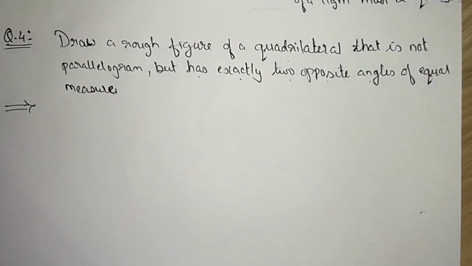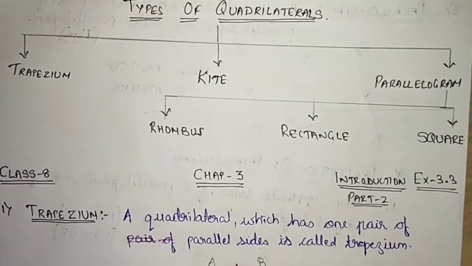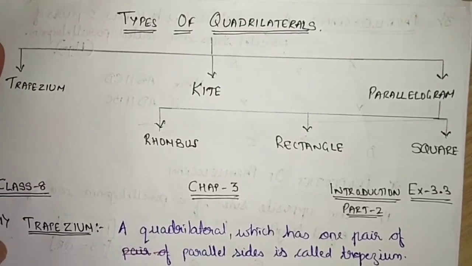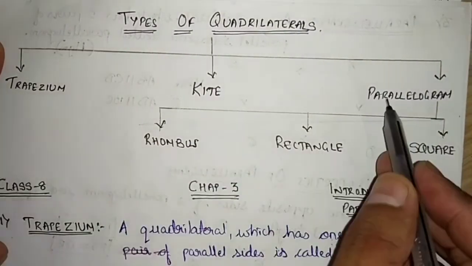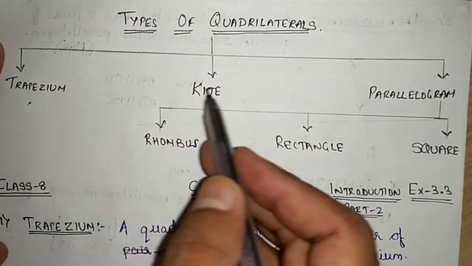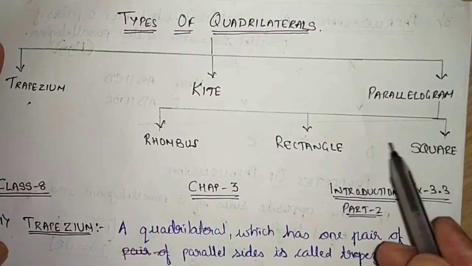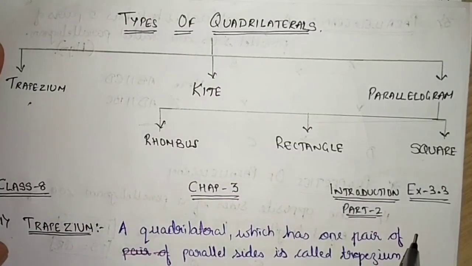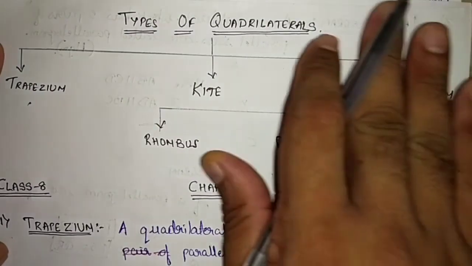Let me show you the introductory part which I have explained before. Quadrilaterals are mostly of three types: trapezium, kite, parallelogram. We don't want a parallelogram. We want only a quadrilateral which is not a parallelogram.